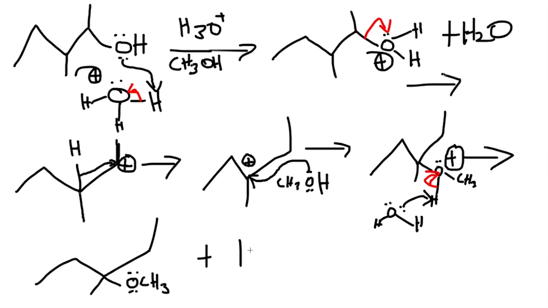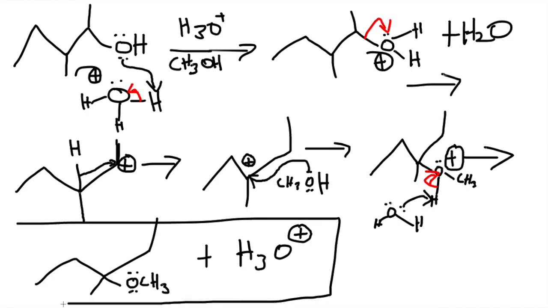And also plus the hydronium that we have made. So this is our final answer for this problem. No racemic mixture, no chiral center, so no racemic mixture. This is because we see a 1, 2, and 1, 2 ethyl on both sides.